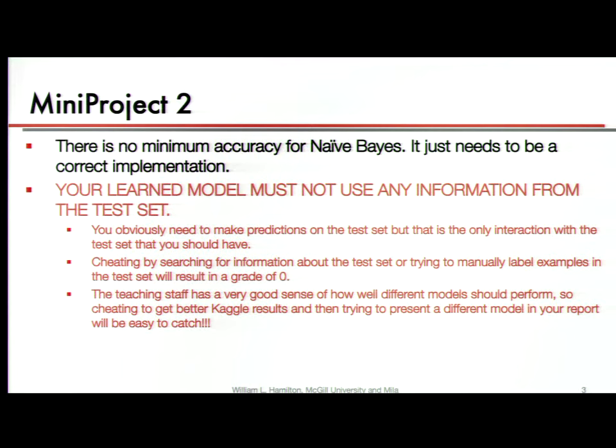So you shouldn't be using information about the test set at all, even for computing IDF weights or building word2vec vectors, for people who are jumping ahead a little bit and doing things like that. You're really supposed to treat the test set as something you haven't seen before. The only way you're interacting with it is when you're making predictions on the test set.